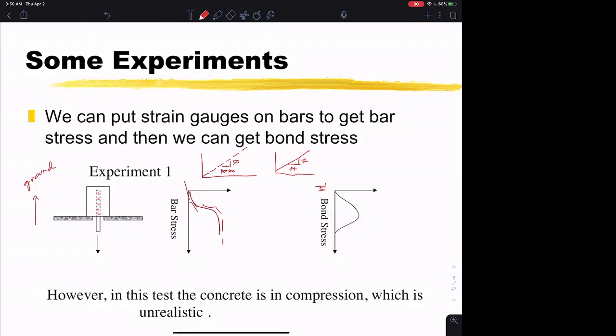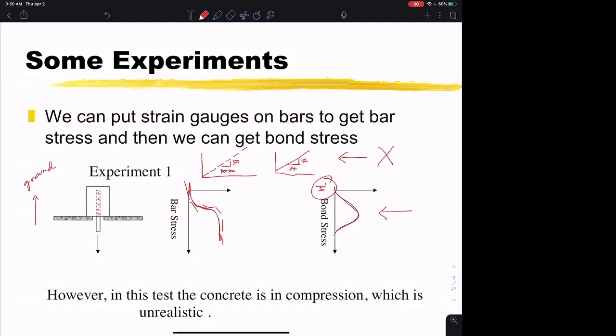Change per foot. So if you take here, zero slope, steep slope, this is the slope, and you get the bond stress. And so you could calculate mu. It's kind of weird. It's not constant. And so it does not look like this. It looks like this.